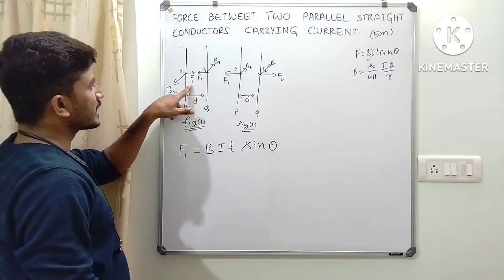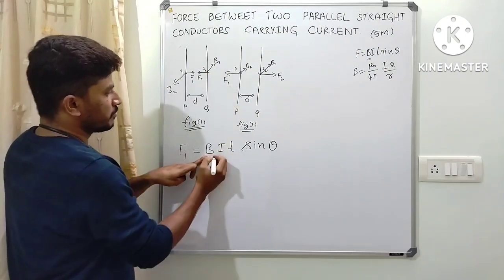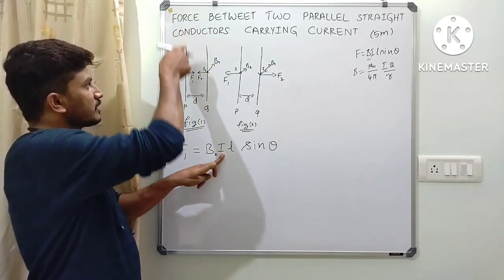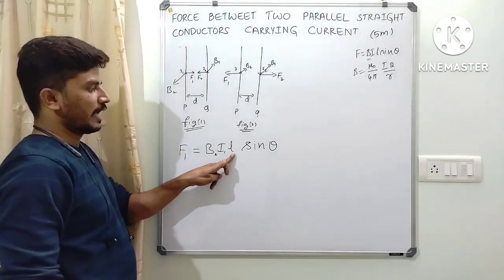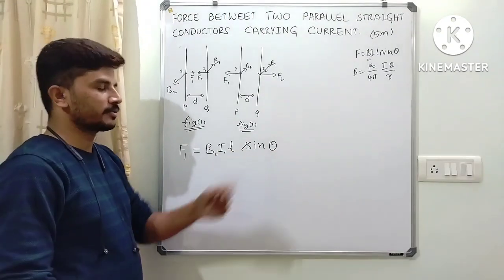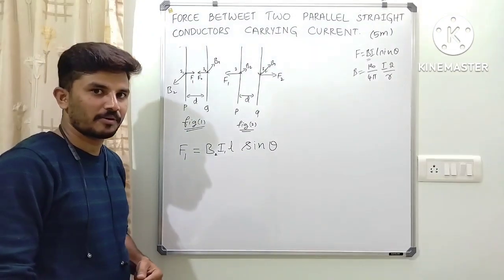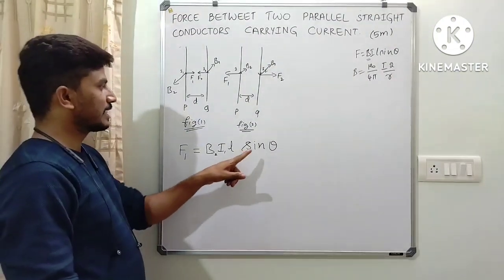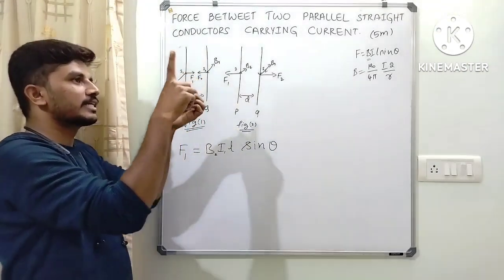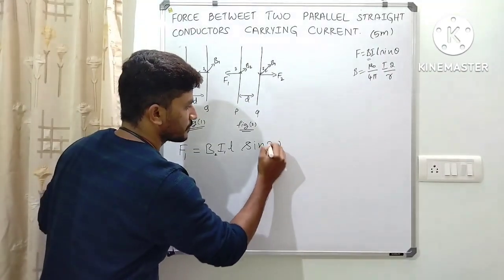So the magnitude of force acting on the first conductor due to the second conductor will be given by the magnetic field produced by the second conductor, the current flowing in it is I1 and L is the length of the conductor, L only. Sin theta, the angle between magnetic field and length of the conductor, that is 90 degrees. Here the direction of magnetic field is into the plane of the board and the conductor is like this, the angle will be 90 degrees. So here we write sin 90.